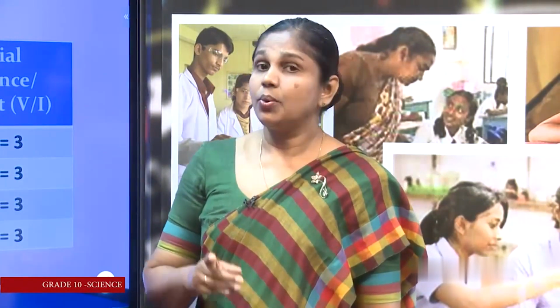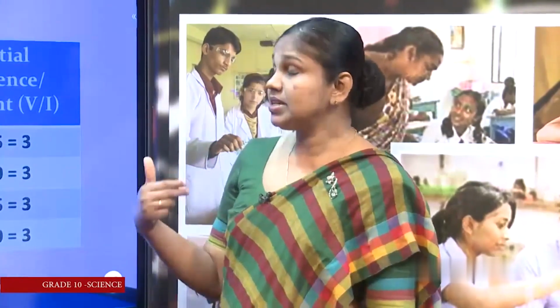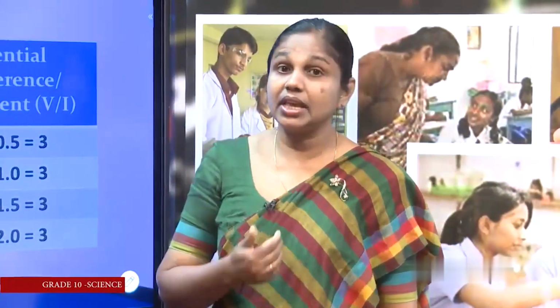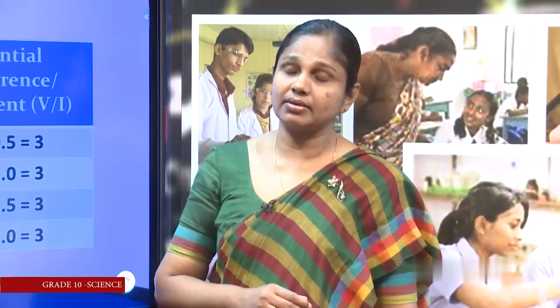That means V over I is a constant. This constant value is equal to the resistance of the conductor.